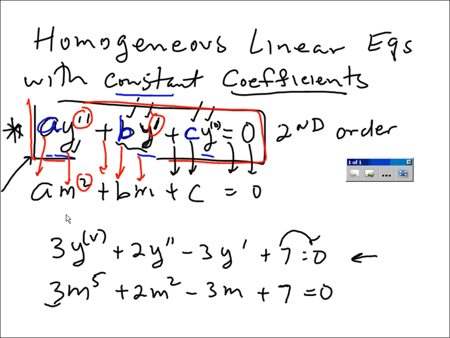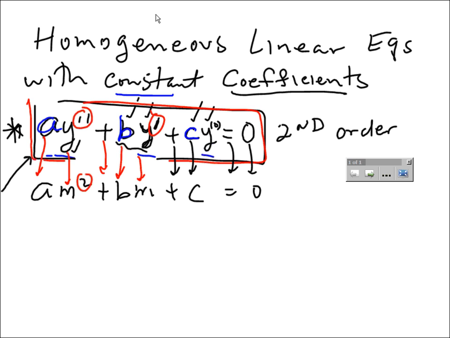Now, let's go back to our second order equation. To solve this auxiliary equation, this one right here, is a quadratic equation in m. Remember that the solution to this second order differential equation is y equals e to the mx.